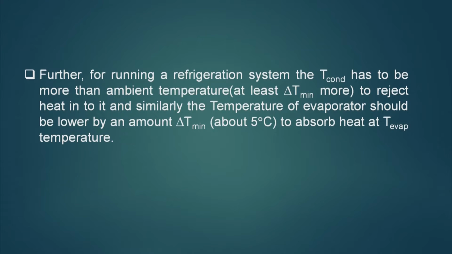Further, for running a refrigeration system, the T condenser has to be more than the ambient temperature, at least delta T minimum above. Say the ambient temperature is 20 degree centigrade. Now, the heat has to be rejected to the ambient temperature, and the stream which will reject heat should be above the ambient temperature.